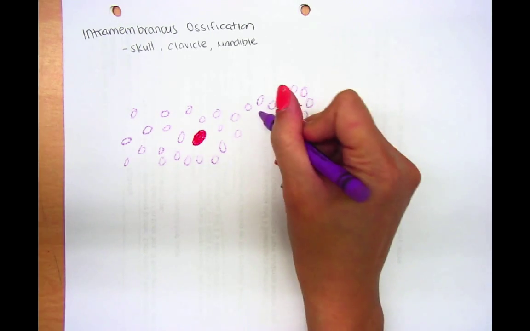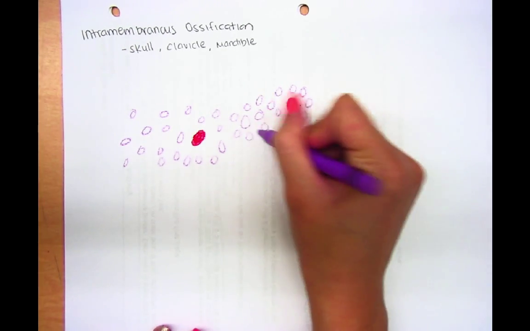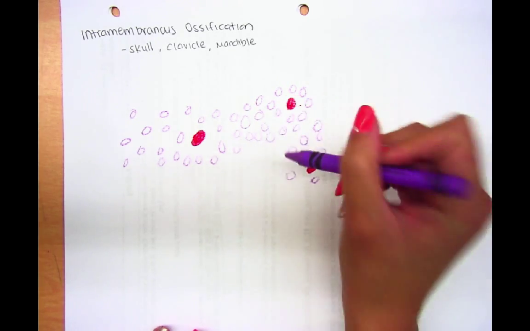At some point, these stem cells will be stimulated to differentiate. A stem cell is a cell that has no real job or purpose until it is stimulated to develop into a different type of cell.